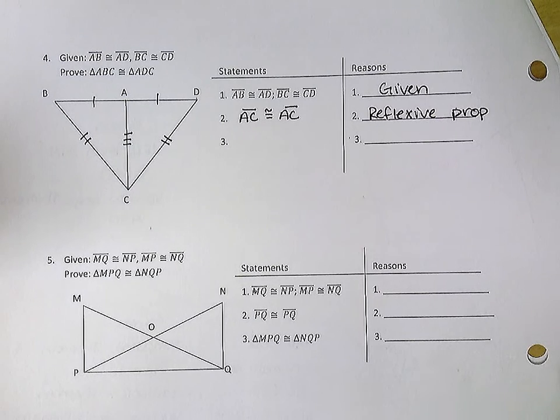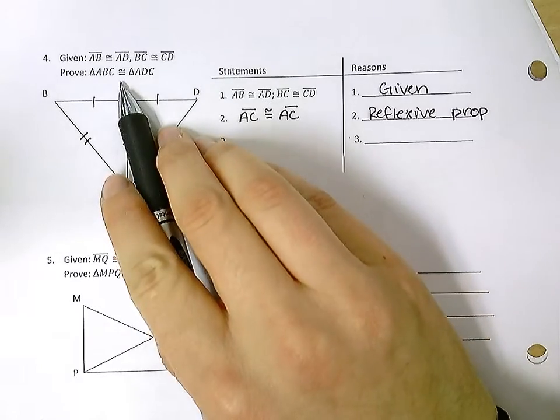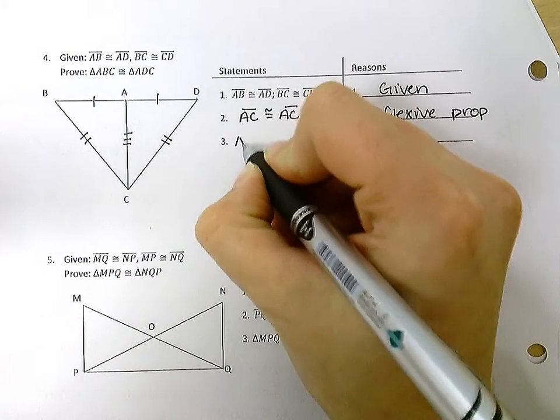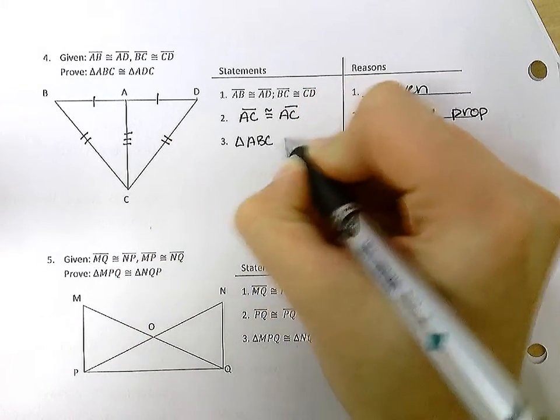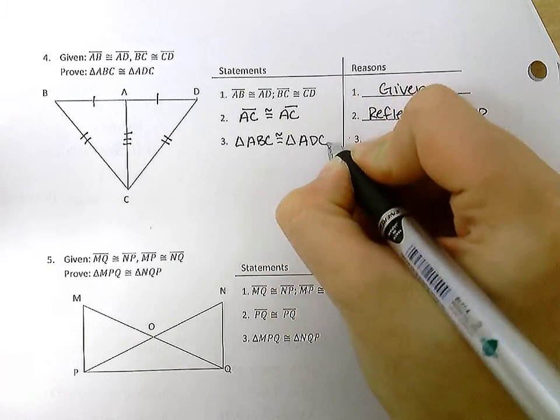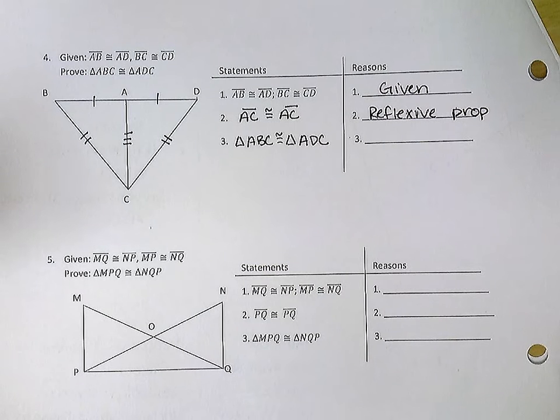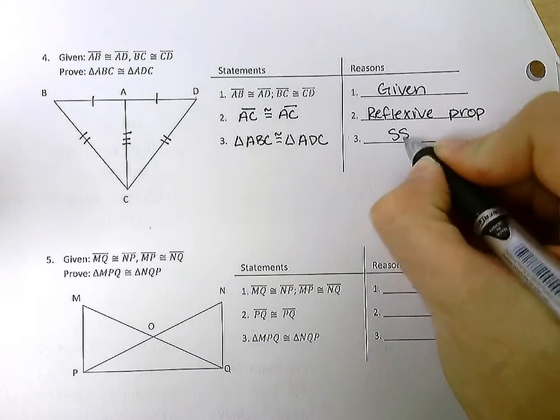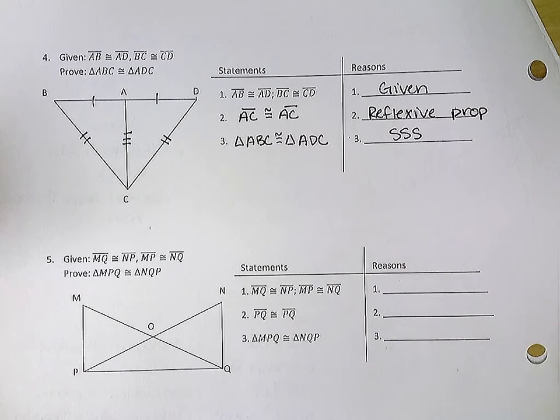So my last statement here has to be what I'm trying to prove. So triangle ABC is congruent to triangle ADC. Okay, and then why would those two triangles be congruent according to the labels in your picture? By side, side, side.